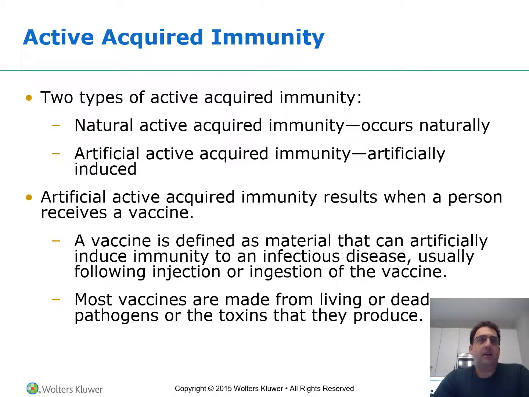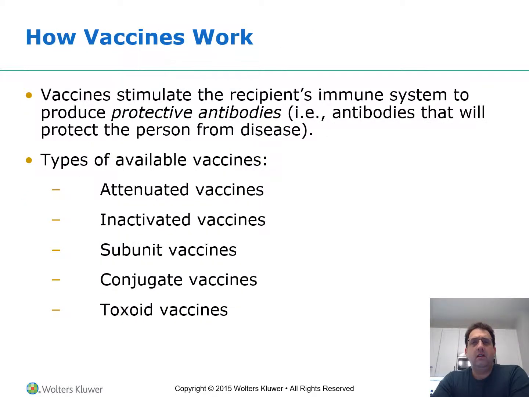So basically, we take a living or dead pathogen, we disable it, and then we create a vaccine from it. So the vaccines stimulate the immune system to produce antibodies. Because the immune system has to learn to recognize the vaccine, and therefore will make antibodies, this is an active process.